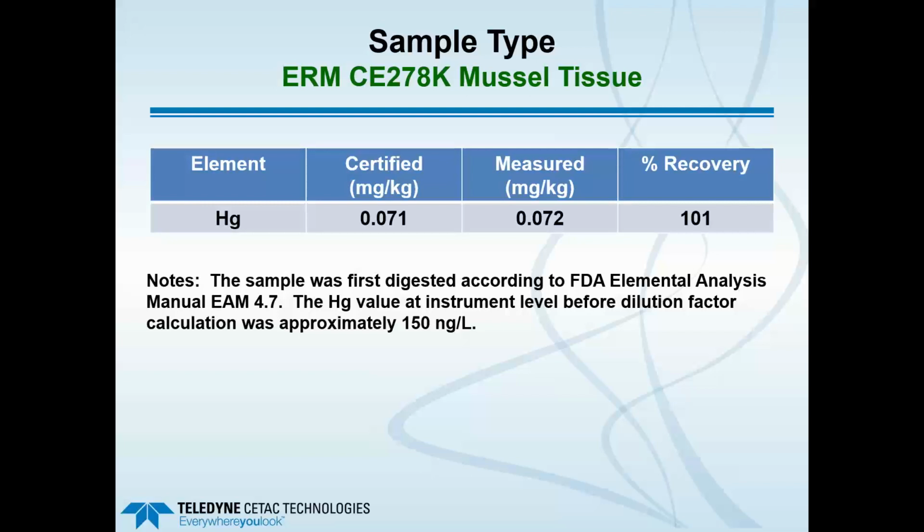The mercury level at the instrument before dilution factor calculations was approximately 150 parts per trillion, so that very easily fit on the calibration curve that we generated, and our measured and certified values agreed almost exactly. So the sample preparation and then the reaction with the stannous chloride HCl solution is verified.